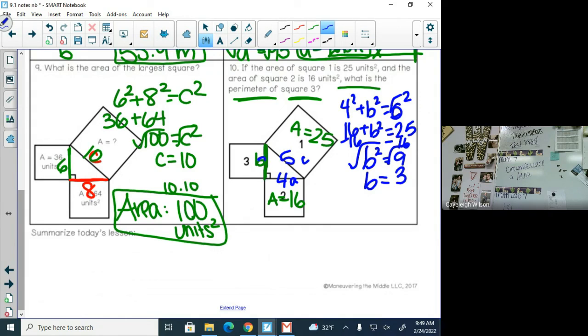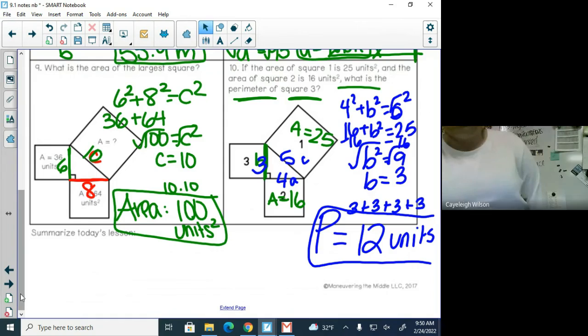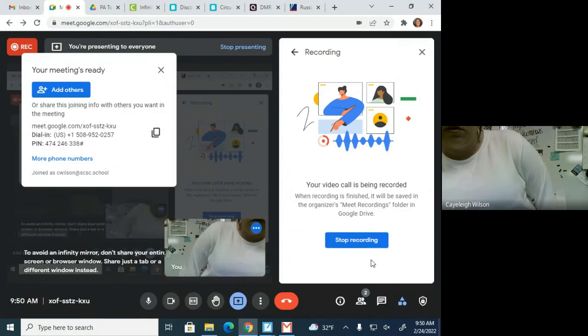So this is 3. But it's asking me for the perimeter. So 3 plus 3 plus 3 plus 3 is 12. Because it asked me for perimeter that time. It did not ask me for the area.